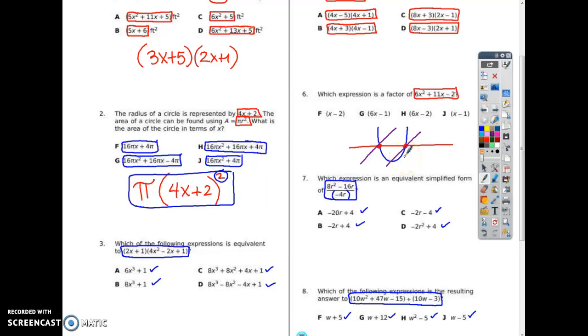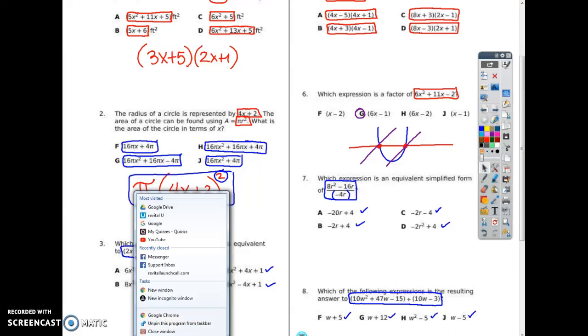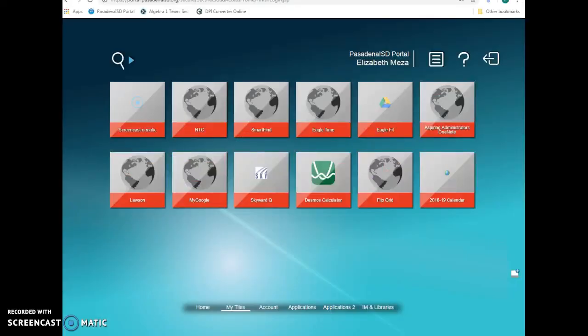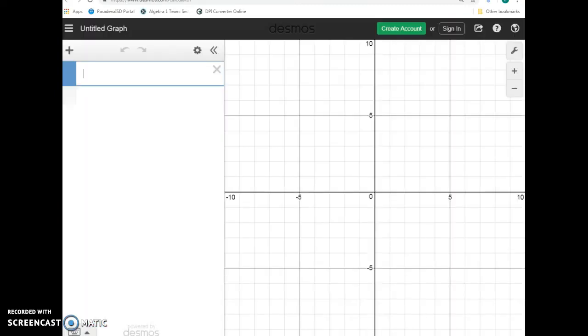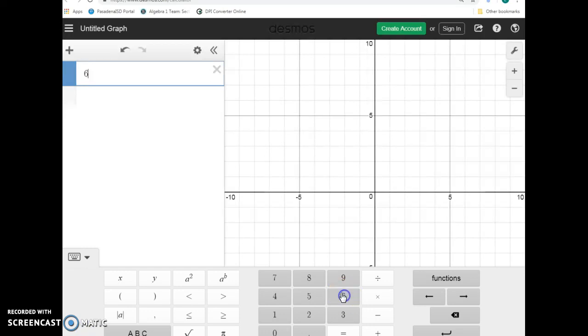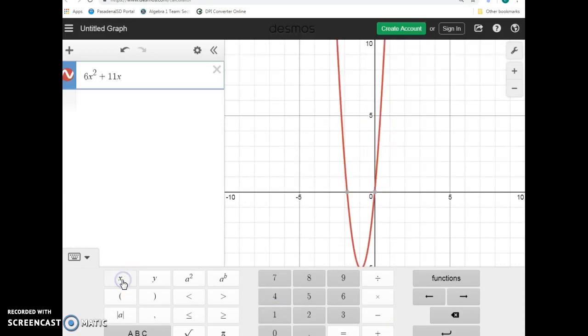So most of you should have gotten, was it G or H? G? Let's go look and make sure that G works. We're going to put it in Desmos so that you can see that it does work. So I'm going to type 6x squared plus 11x minus 2.